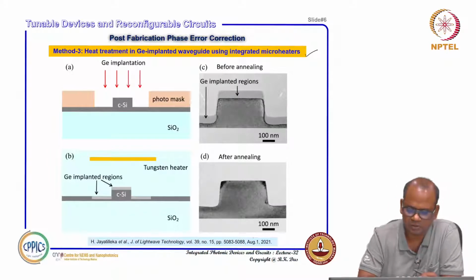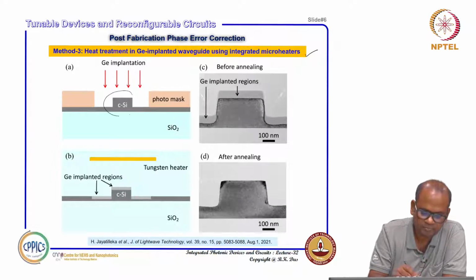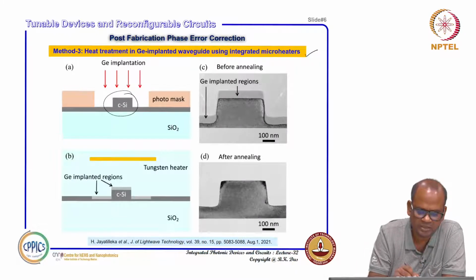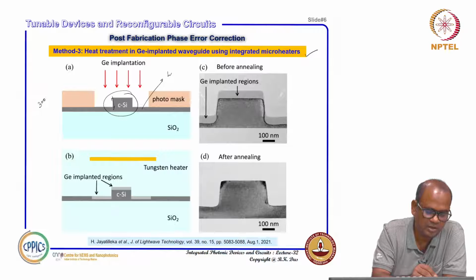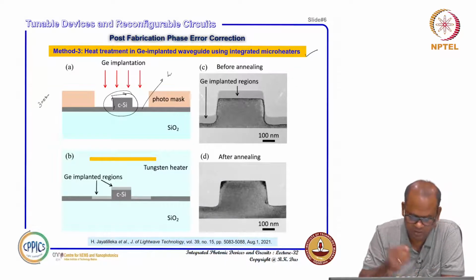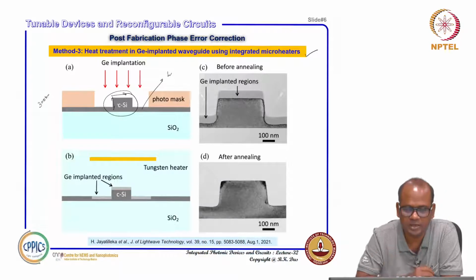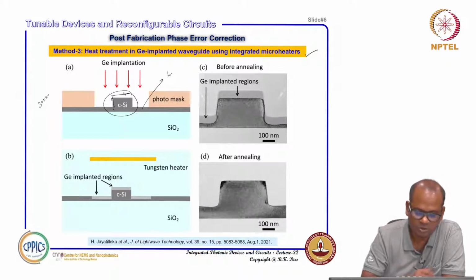So the technique is the following. You have your waveguide, a crystalline waveguide, c-silicon means crystalline silicon. You have a slab region with some height H. In this case, I think they have used a height of about 300 nanometer, and the width also in that range, a particular width just for experimental purposes.